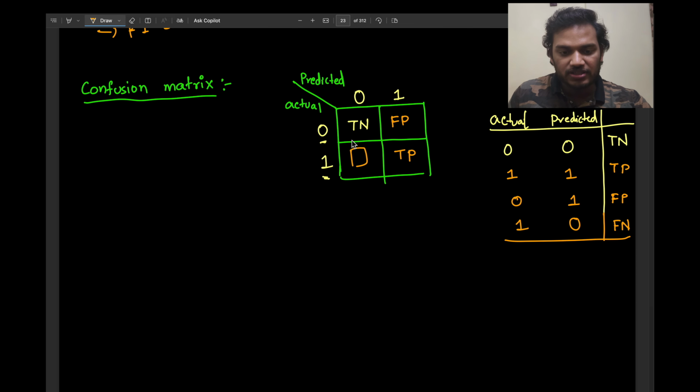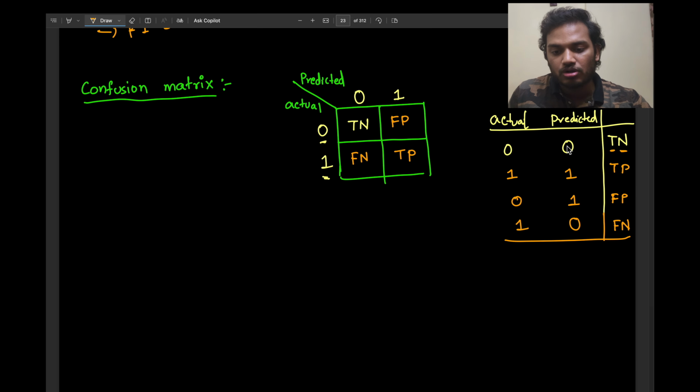Some might not get this one, that's why I'm writing it separately so that you'll understand it clearly. This will be our false negative. In order to remember easily, whenever these two match, that matching information will be shown by the first one. And the second one signifies the predicted value.